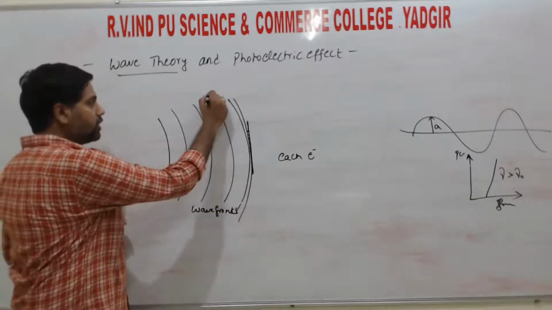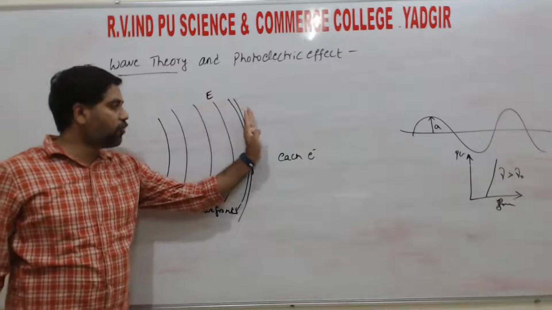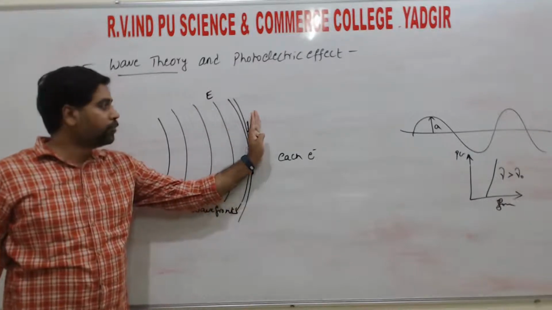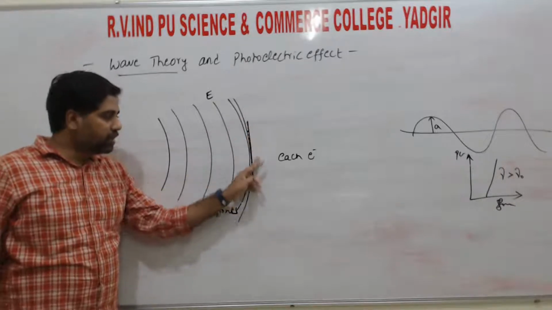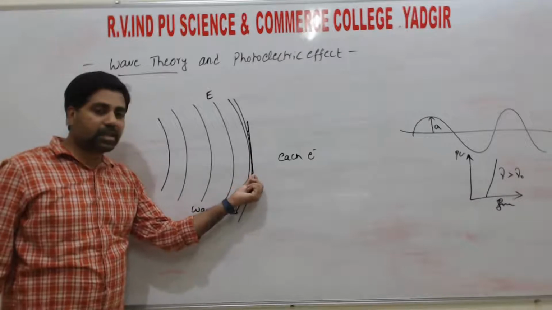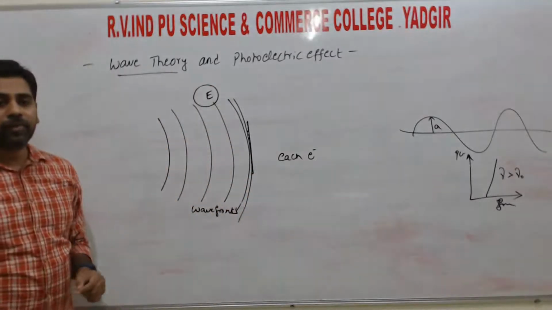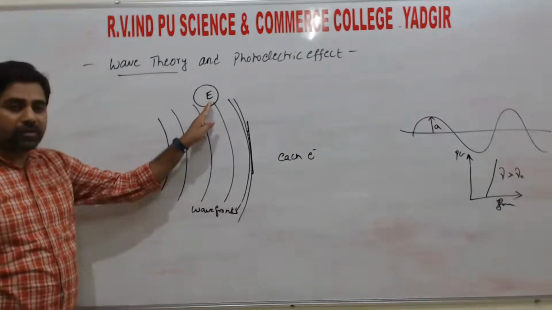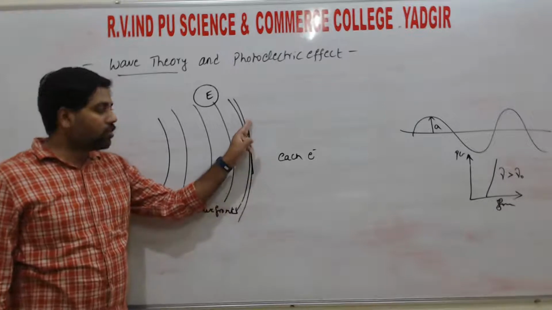If you consider this as the energy E of this wavefront, when this energy falls onto the photosensitive plate, each single electron present in the plate will not absorb the energy E. Only part of this energy is absorbed by the electrons, because here we have a number of electrons.